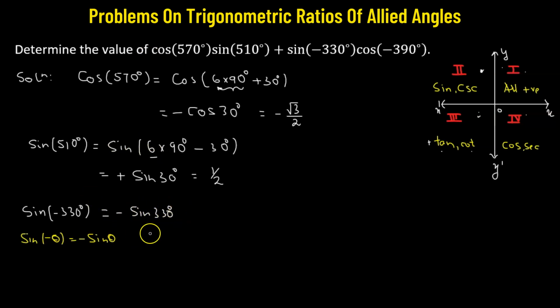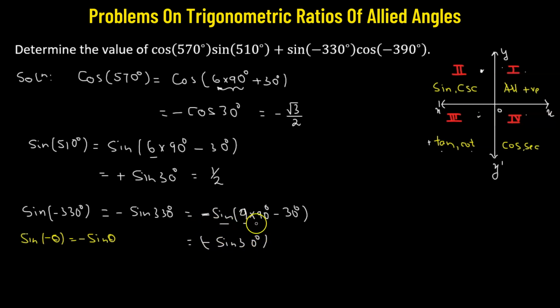Now 330 degrees can also be expressed as negative sine of 4 times 90 degrees, so that's 360 degrees, and we subtract 30 degrees to get 330 degrees. So we have an even multiple of 90 degrees, so sine will remain as sine, so we have sine 30 degrees. This minus comes from the original problem.